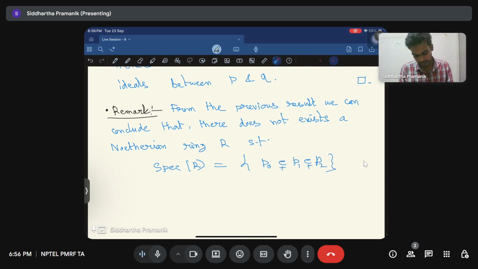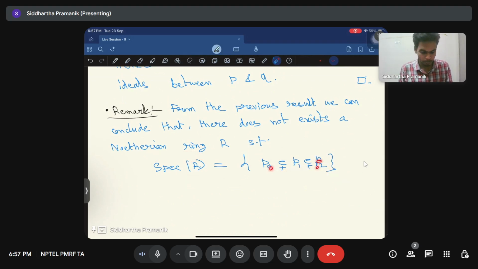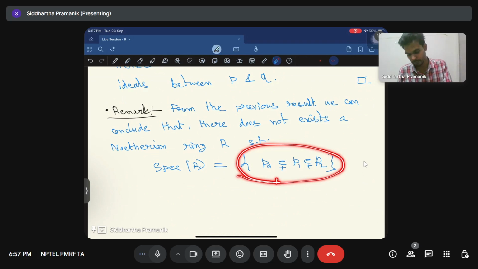So there cannot be a Noetherian ring R which has only three prime ideals and forms a chain, because in between P0 and P2 we have one prime ideal, then there have to be infinitely many prime ideals. So a ring whose spectrum looks like this is not possible.